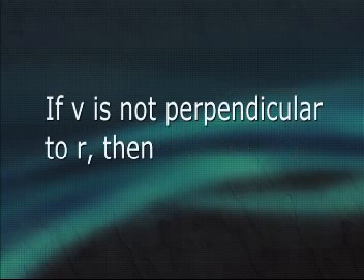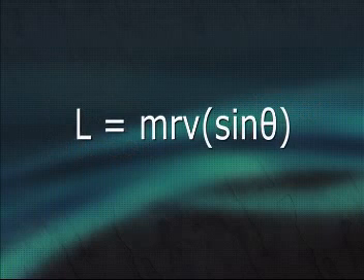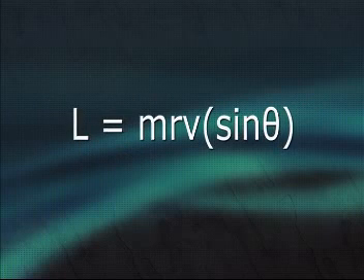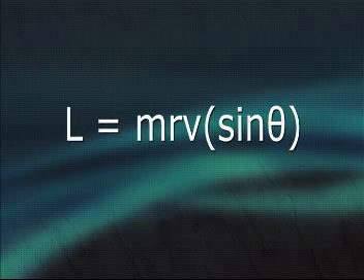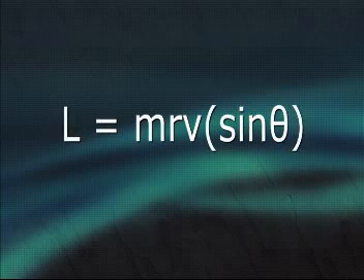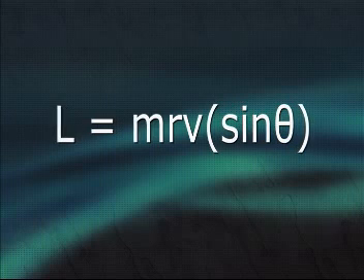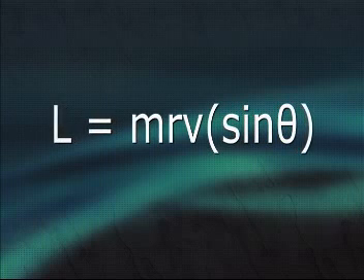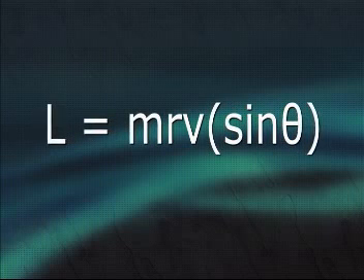If velocity, called v, is not perpendicular to r, then angular momentum is equal to the product of the axis of rotation, linear momentum, velocity, and the sine of the angle between the axis and the velocity.